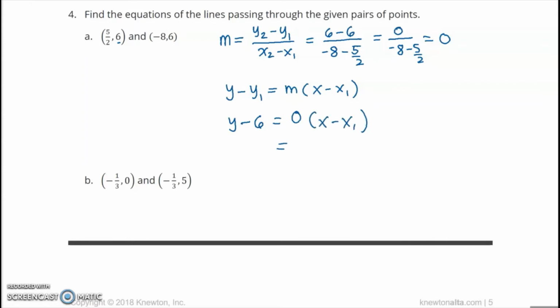So the right hand side here is equal to 0 because the slope is 0. So y minus 6 is equal to 0. Y therefore is equal to 6. Now, it's important to take note that since we don't have x here and we only have y equals a constant, this equation is the equation of a horizontal line.